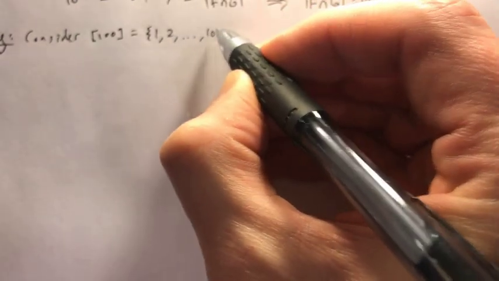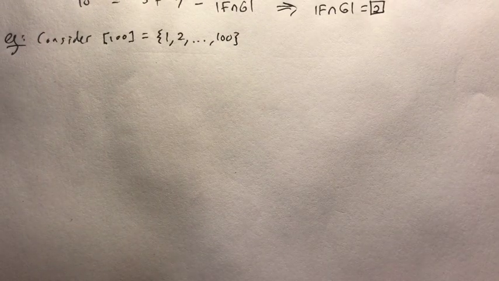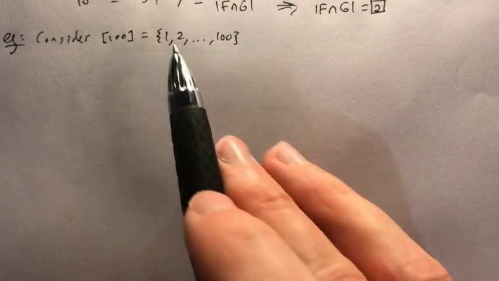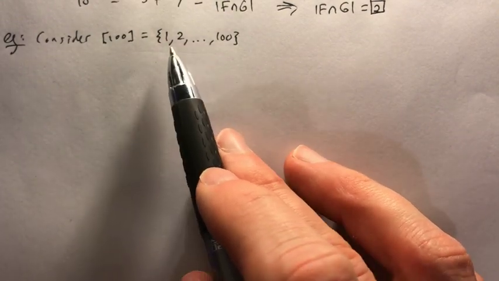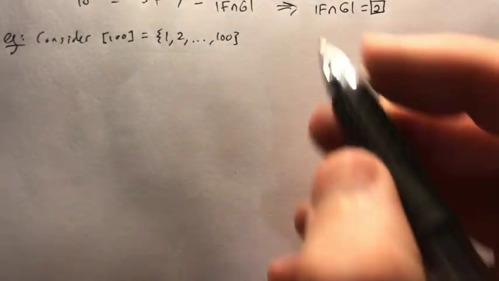what I'm going to call brackets 100, and this is 1, 2, up to 100. This notation, maybe I'll introduce it more formally later. If I put brackets around a natural number, I mean the interval of natural numbers 1 up to that number.